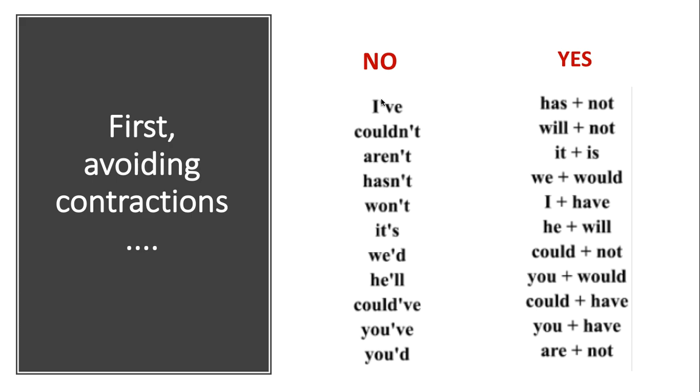Well, these forms that are contracted with an apostrophe are appropriate for spoken English. Things like advertising, just anything that's less formal or less academic, less professional. These are fine. But for academic style, you need to write the words out separately.